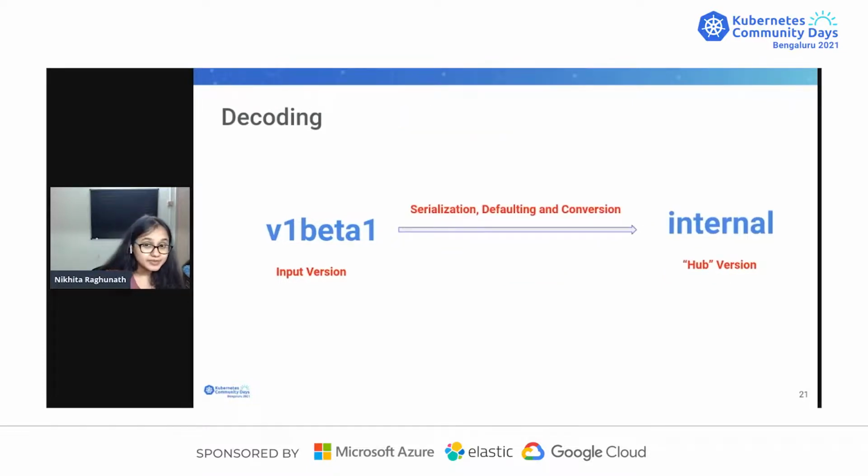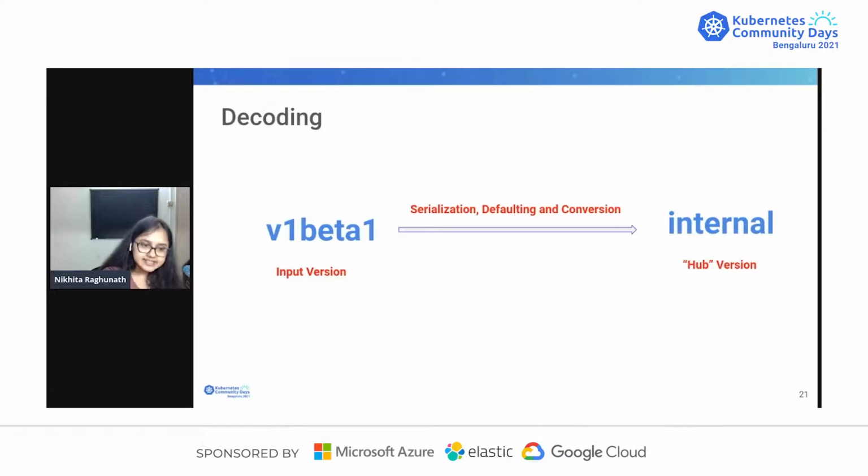Now that we're familiar with conversion, let's understand how the overall resource handling works. The first conversion that we talked about was the input version to the hub version. For the first conversion from v1beta1 to the internal version, this process is called decoding. Decoding involves three things.